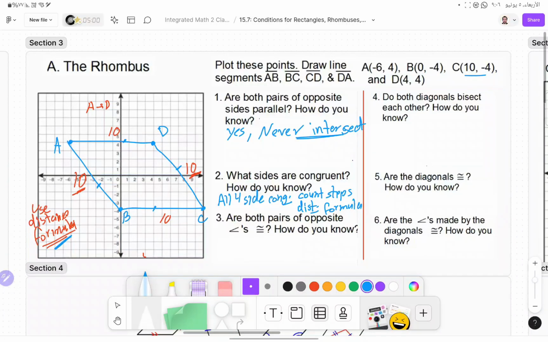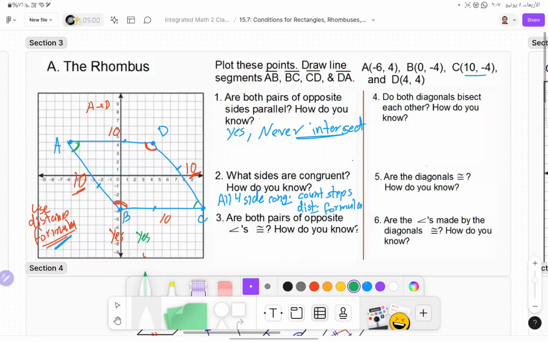Then question number 3, are both pairs of opposite angles congruent? This angle and this angle here, are both pairs of opposite angles congruent? Is angle D congruent to angle B? Yes, B and D are congruent. Is angle C congruent to angle A? Yes, they are congruent.